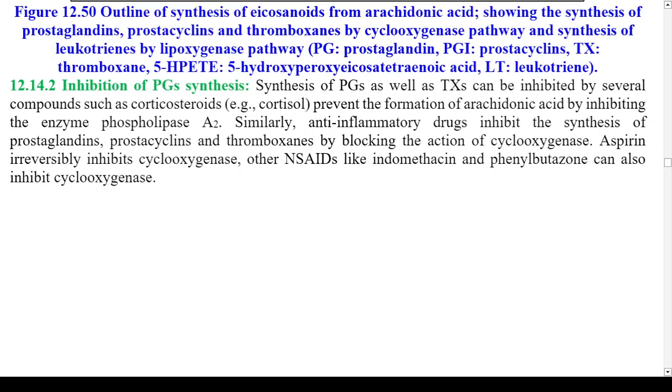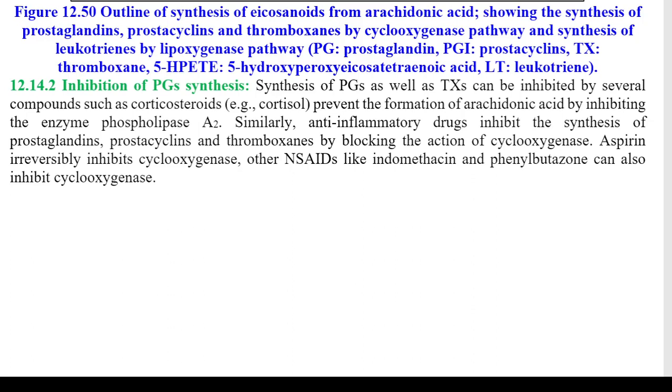Figure 12.50 Outline of synthesis of eicosanoids from arachidonic acid, showing the synthesis of prostaglandins, prostacyclins, and thromboxanes by cyclooxygenase pathway and synthesis of leukotrienes by lipoxygenase pathway. PG, prostaglandin; PGI, prostacyclin; TX, thromboxane; 5-HPETE, 5-hydroperoxyeicosatetraenoic acid; LT, leukotriene.